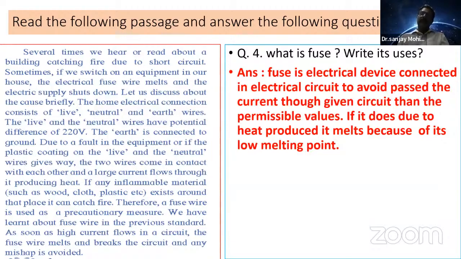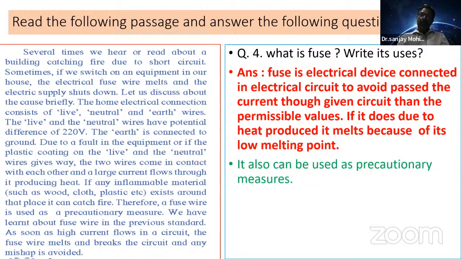Because when the current passing is more than the permissible value, due to the heat it melts and avoids damage to the appliances. It has a low melting point, and if more current than the permissible value passes, it melts and the damage is stopped.